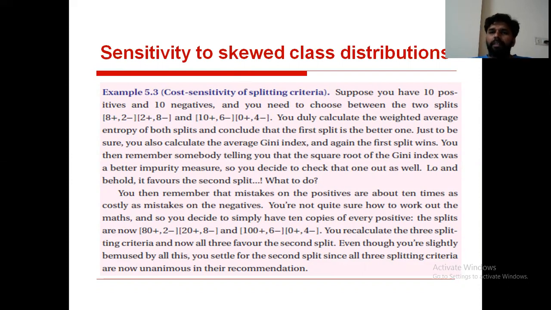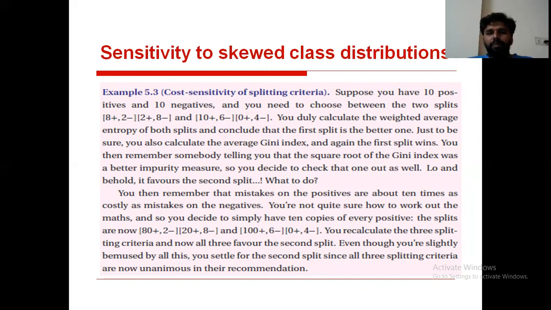There are 4 impurity measures, right? Gini index, and one more, that is square root Gini, entropy, etc.